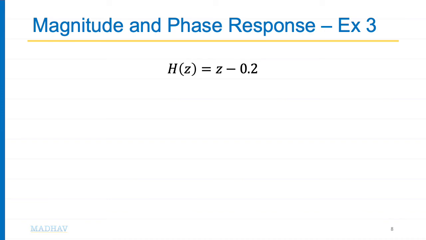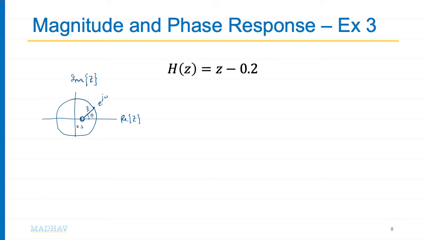Here we have z minus 0.2. Now here my 0 is at 0.2. It's quite similar to the first example we saw, but let me do it so that you can get an idea.